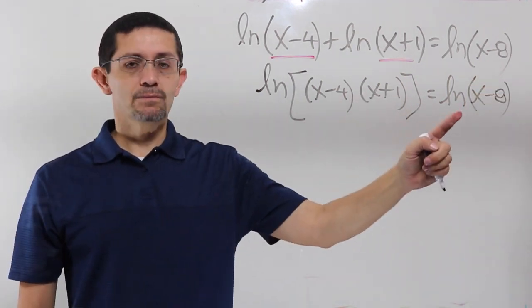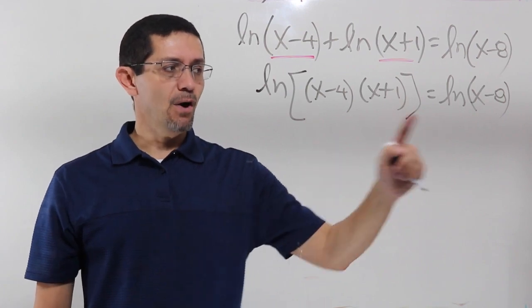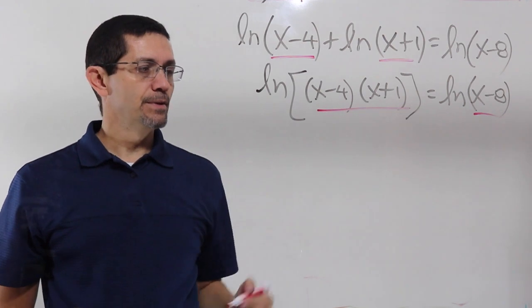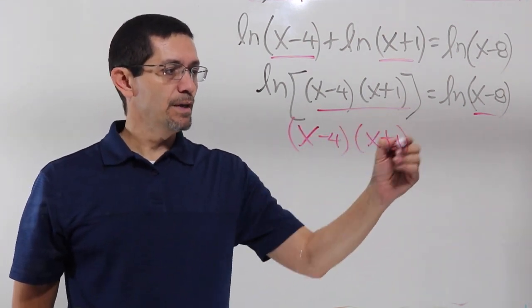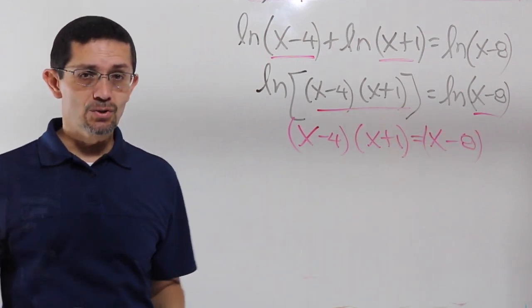Now I only have one log on both sides. As soon as I have that and they have the same base, the arguments are equal. So this equals that. So I have x minus 4 times x plus 1 equals x minus 8. And from there I gotta solve.